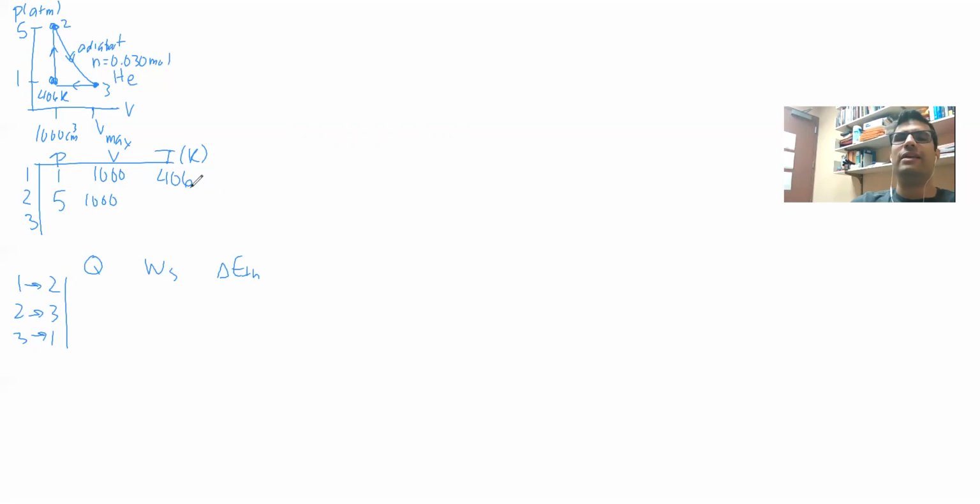406 times 5 is not that hard to do in your head. It's just 4 times 5, and then 6 times 5: 2030. So we go all the way up to 2030 Kelvin, which is like 1700 Celsius, which is really like 3000-some Fahrenheit.